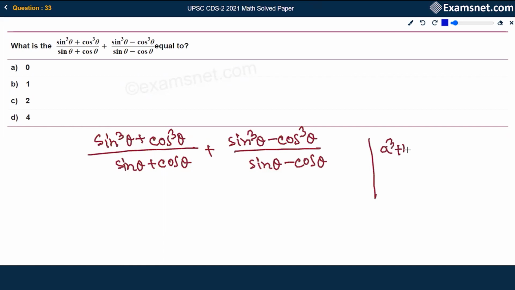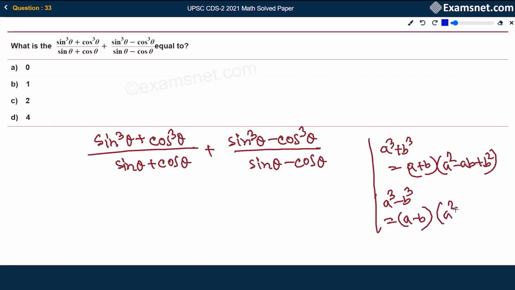a³ + b³ gives us (a + b)(a² − ab + b²). Also, a³ − b³ = (a − b)(a² + ab + b²).